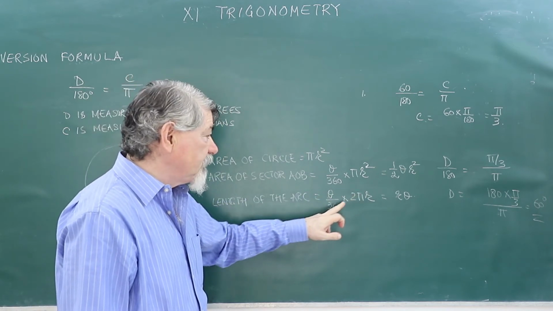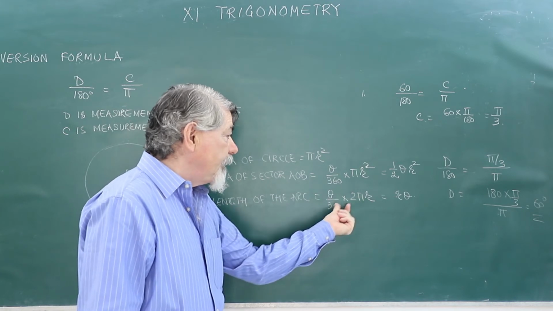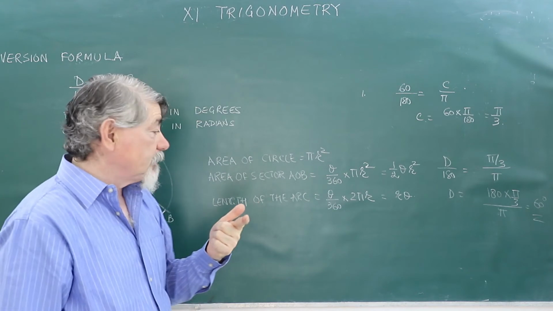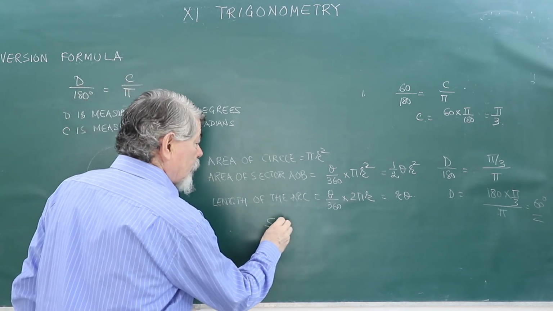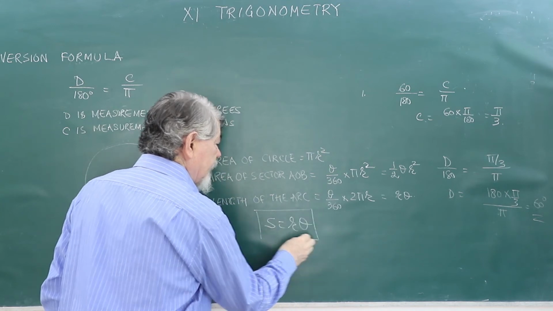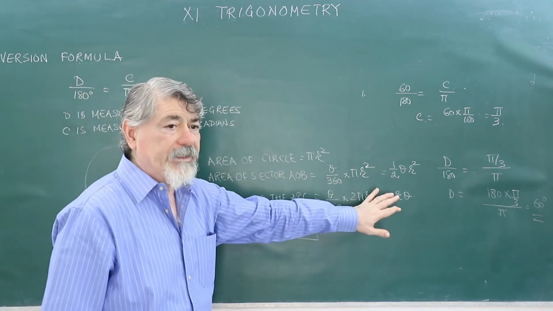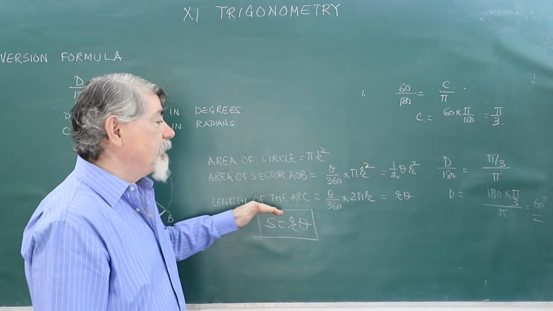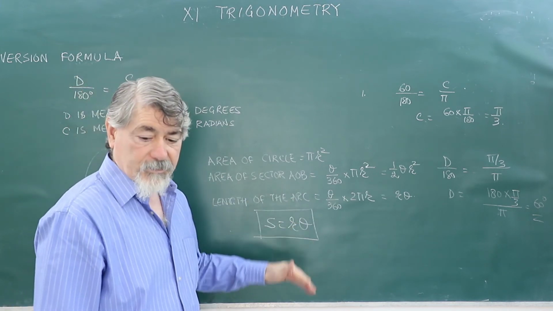So theta upon 360 into 2 pi r. 2 pi and 360 will cancel, it will be r theta. We had discussed the length earlier also, s is equal to r theta. If you remember that formula we had calculated. That is the way we calculate the area of the sector and length of the arc of the circle.